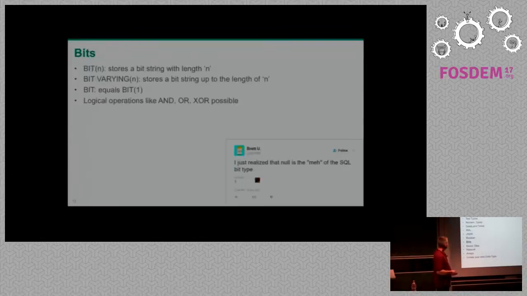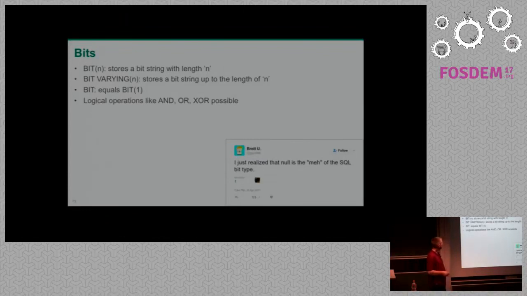Good. We also have a bit data type. Makes sense if you want to store config values like true, false, and don't want to span one Boolean per column. So you can have multiple bits in one field. So we have bit, which is a fixed length, and we have bit varying, which is up to this length you specify here. If you don't specify a length, it's always a bit 1.